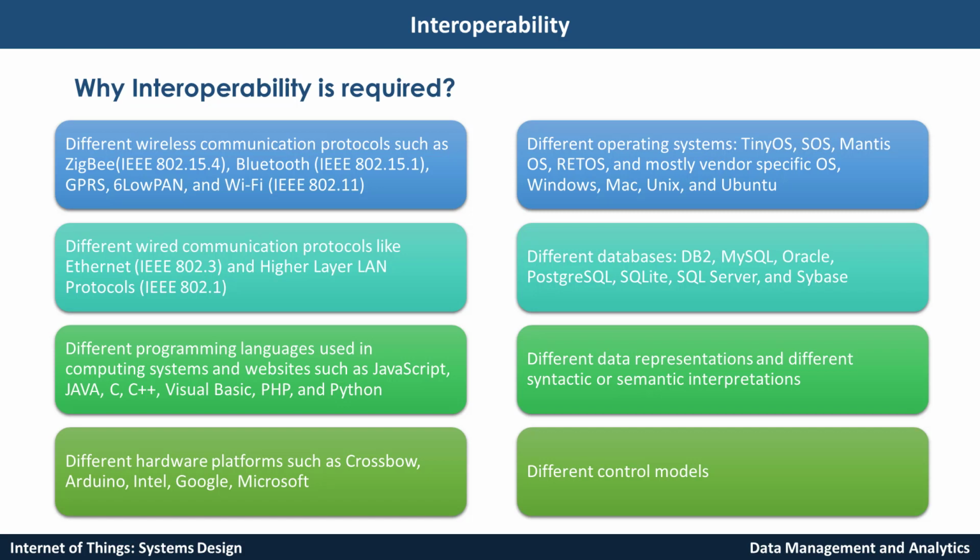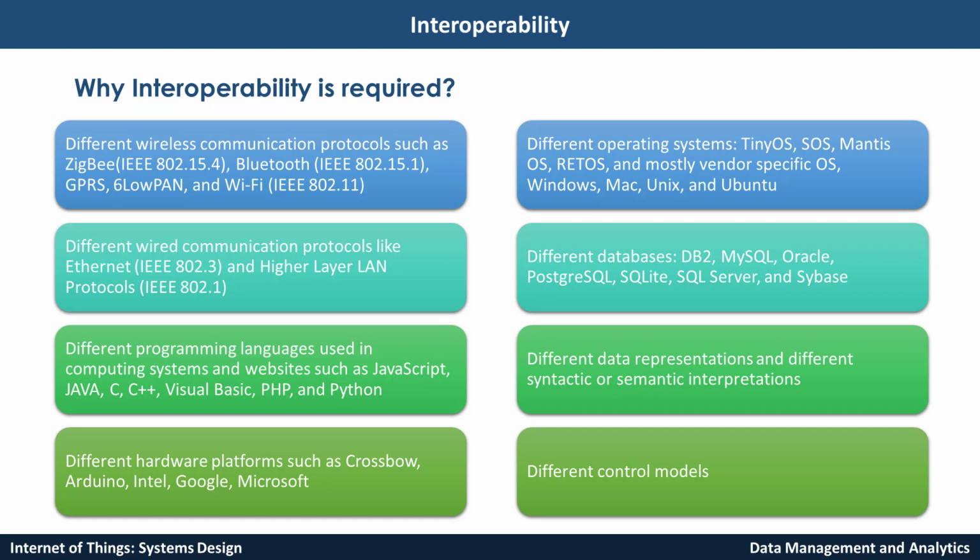Today, if you take a single IoT system, each of them is developed using some combination of these different options. So Zigbee may combine with TinyOS and C++, and may be developed on the Google platform. Likewise, each of them has different combinations.